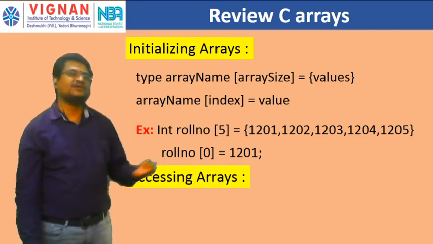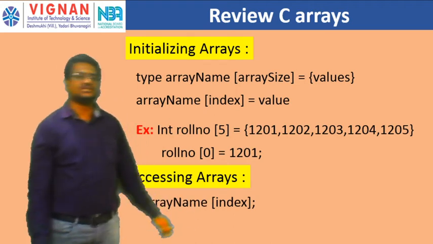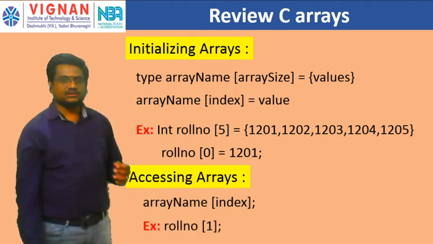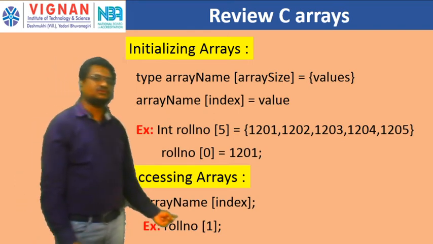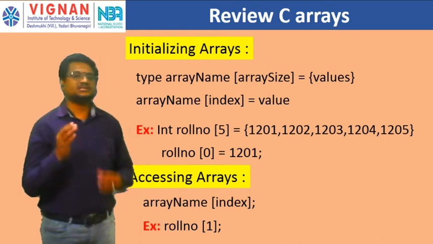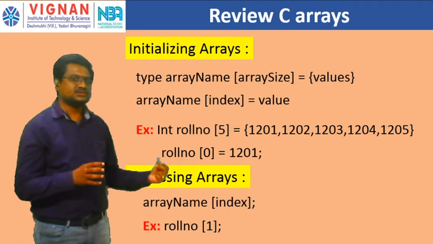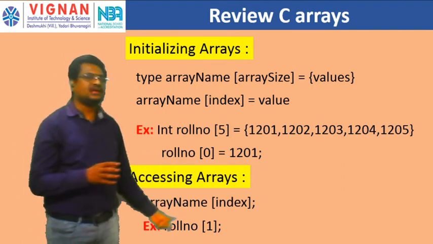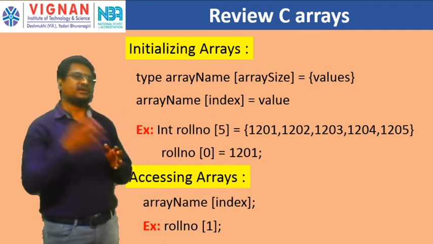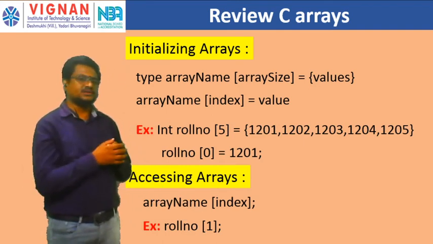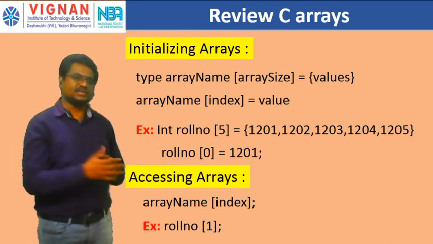Now I have to access the array element. Simple: array name, index value. Suppose I want to access the second element, what do I have to do? rollnumber[1]. Why? Because the element is second, but indexing starts from 0. So if I want to access the second element, I write rollnumber[1]. Whenever an index appears, for example index 10 means the 11th element, index 20 means the 21st element.